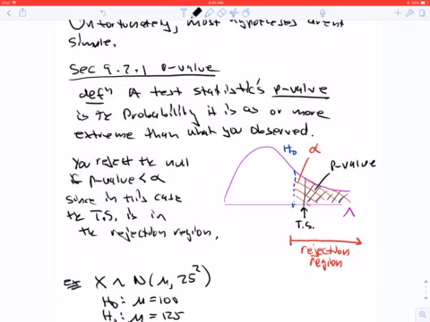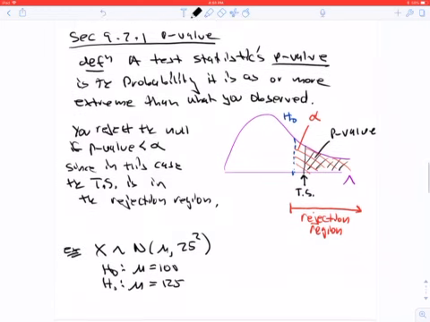So now we're going to talk about p-values. A test statistic p-value is the probability of being as or more extreme than what you observe. So the p-value is the area under the null distribution. In this case, if your rejection region is to the right, it's the area under the null distribution to the right of your test statistic.